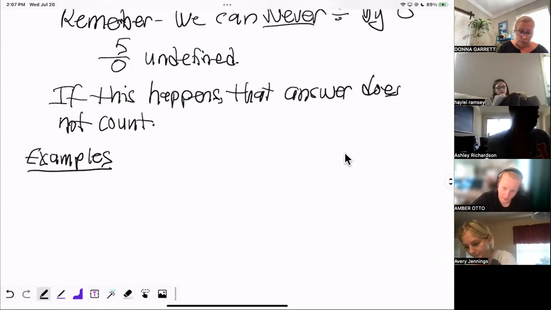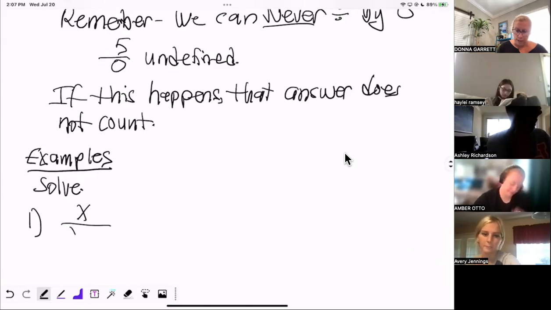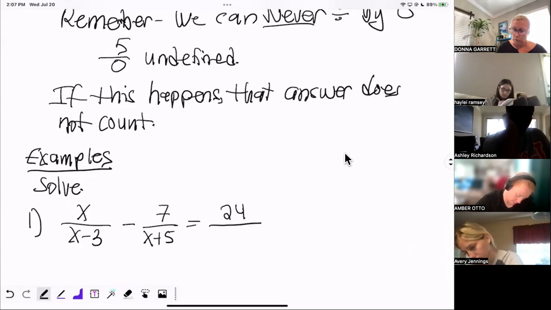Okay, so all of them we were solving. And we'll start with this one: x over x minus 3 minus 7 over x plus 5 is equal to 24 over x squared plus 2x minus 15.